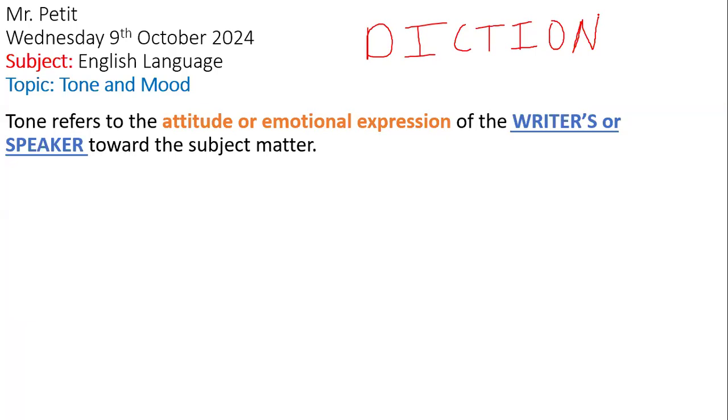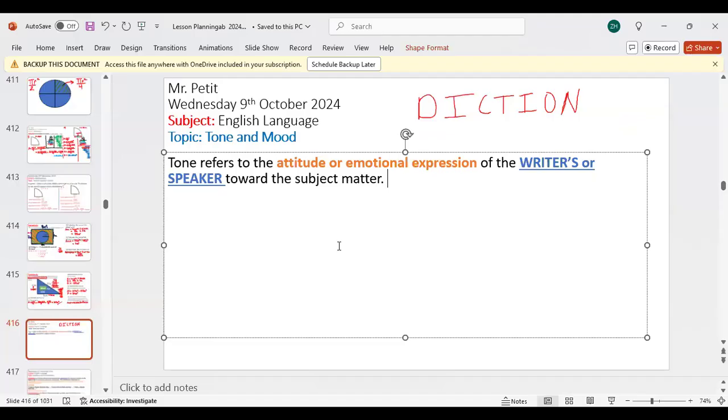So what words the writer chooses to use can give us a hint or give us an indication of how the writer feels about something. But diction is not tone. But diction helps us to understand tone, right? So basically, tone is the writer's voice, right? It is the writer's voice.